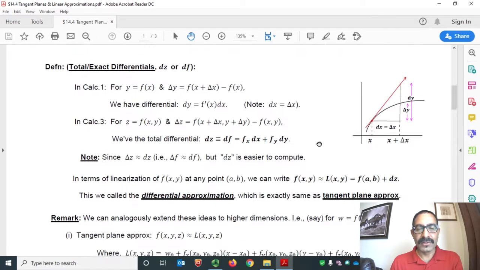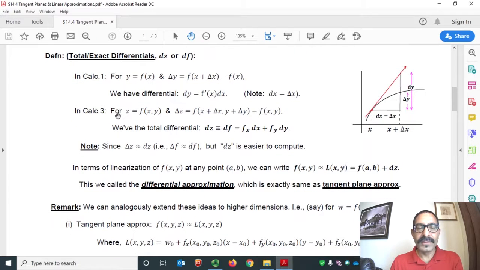In calculus 3, for a function of two variables z equals f(x, y), the corresponding change in z, if delta x is the change in x and delta y is the change in y, then delta z turns out to be f(x plus delta x, y plus delta y) minus f(x, y).